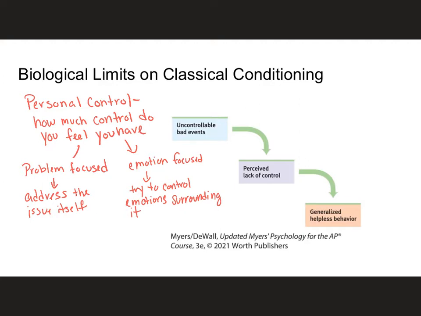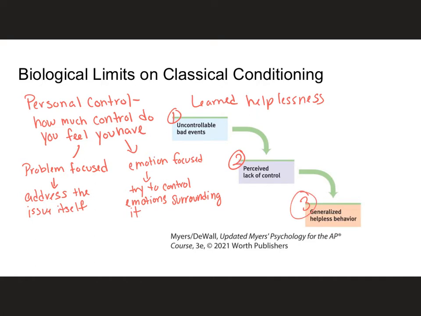Now, when we don't have control over something, when we don't have that personal control, we may have what we call learned helplessness. And that's what we see here. Learned helplessness is when there's uncontrollable bad events, which gives us, the people, a perceived lack of control, and then results in what we call generalized helpless behavior.